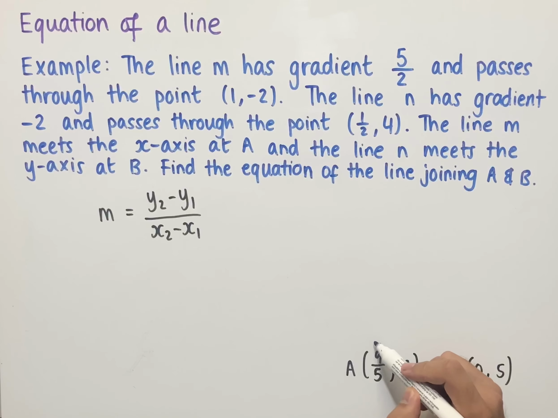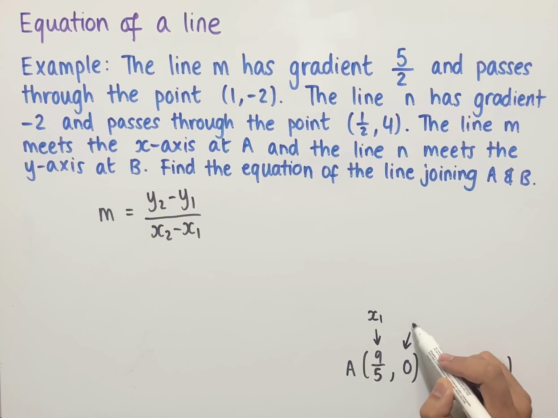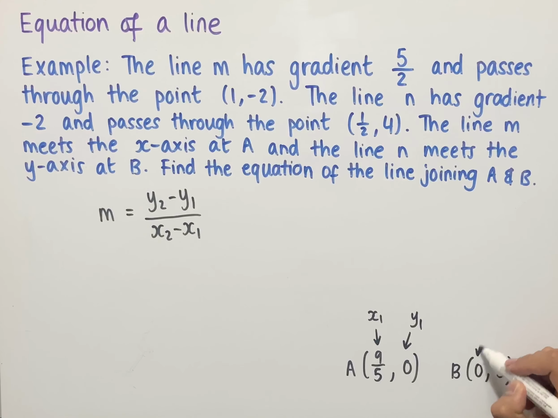So we've got 2 points on the line. We can start by labeling 9 over 5 as x1, and 0 as y1. And we can also label the point B, where 0 is x2 and 5 is y2.